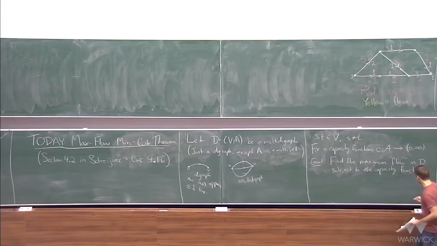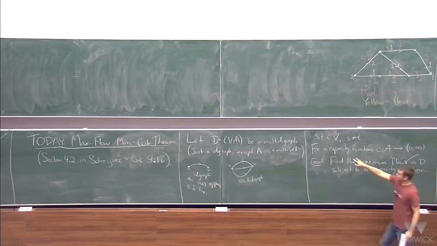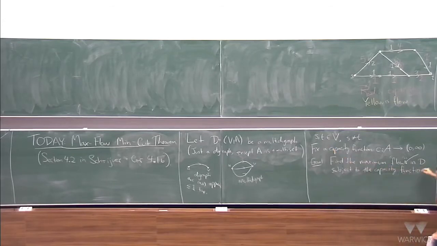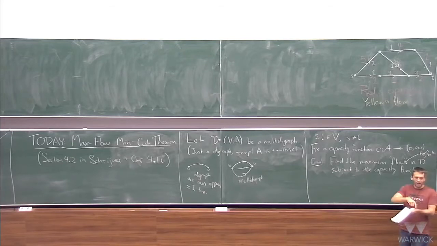One thing I should say: when I say flow, we have these special vertices S and T. In particular, we're going to look at a flow from S to T. You can think of S as some sort of source. If you think of a transportation network, this is where all the cars are coming from, and T is where they're going to, and you want to push as many cars through the network as you can.